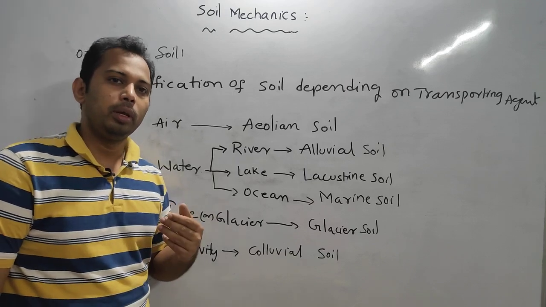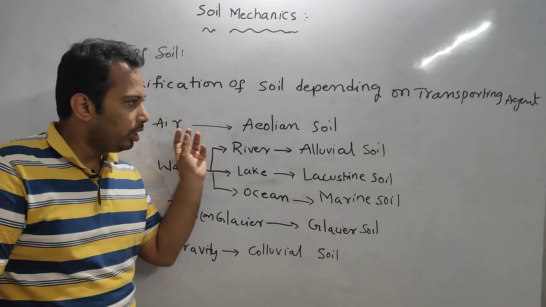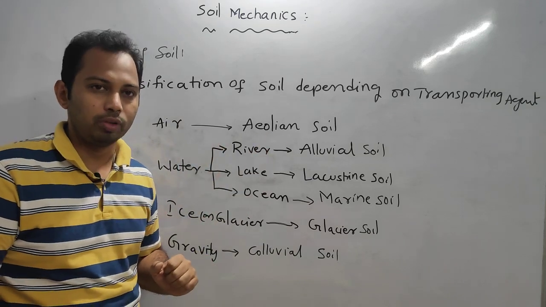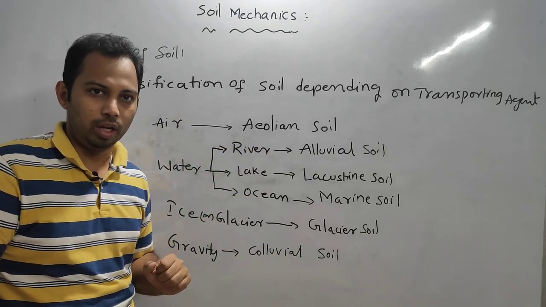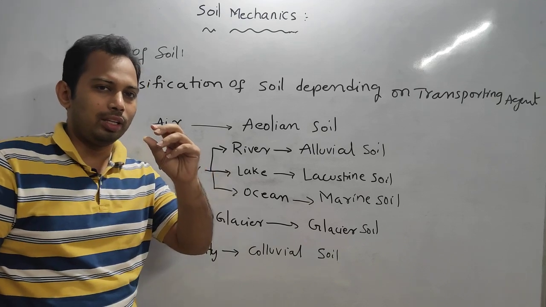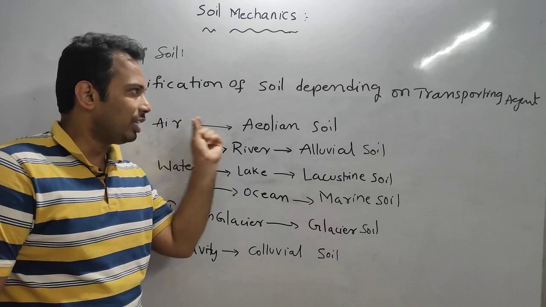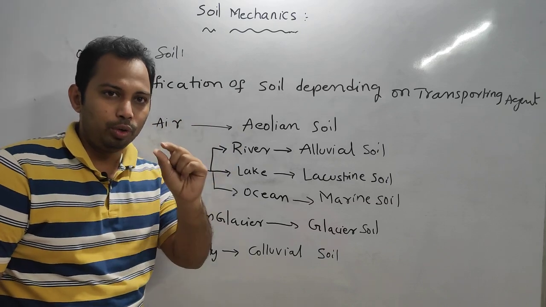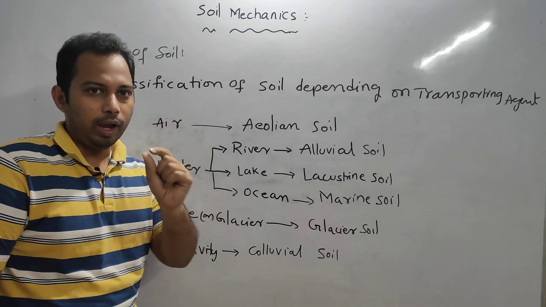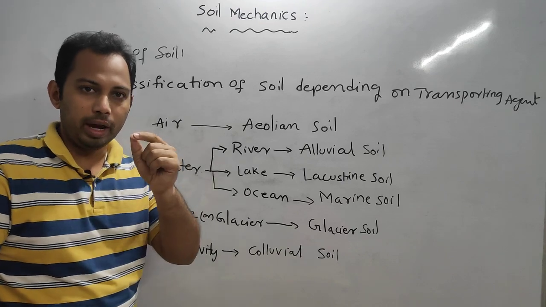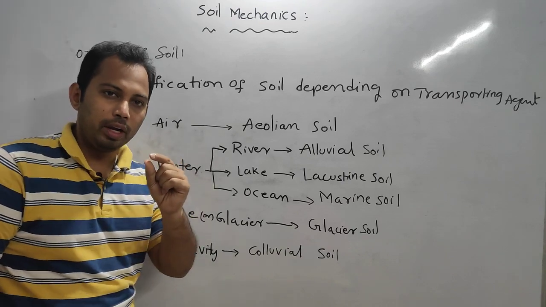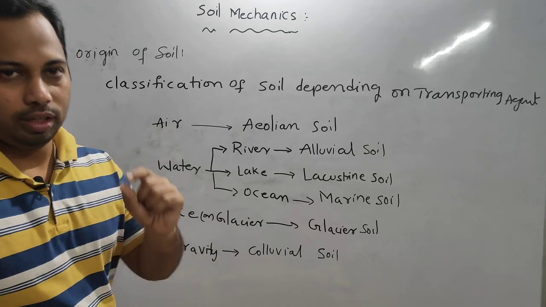For example, if air is carrying the soil, air forms a rather uniform structure. Air-transported soil will have a uniform, very fine size. If you see sand particles, all the sand particles have uniform size.